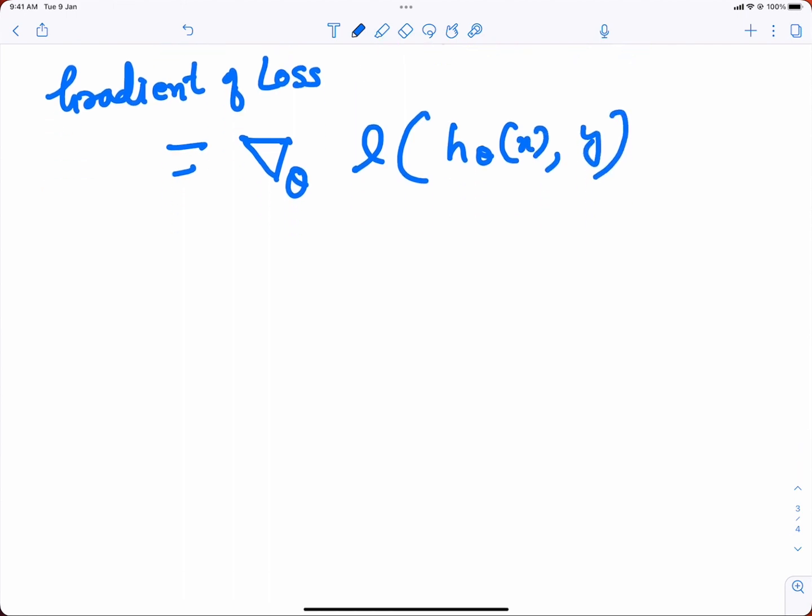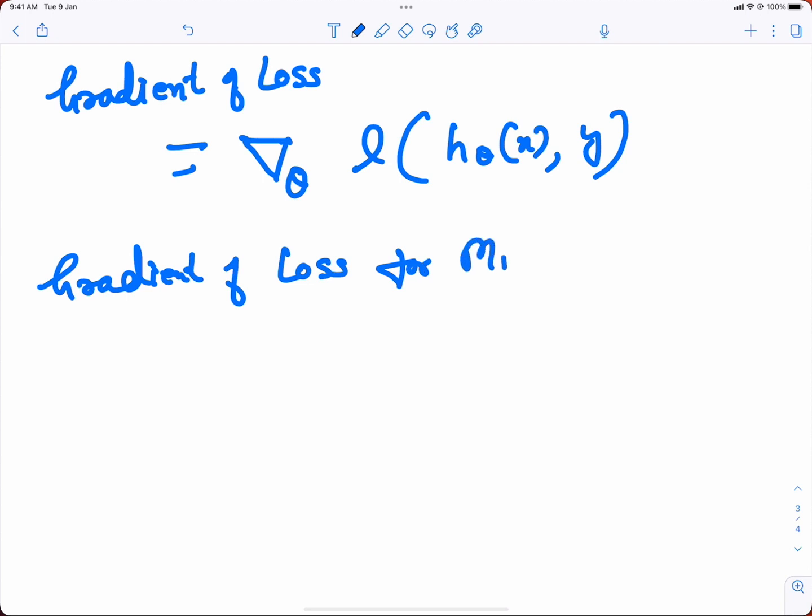This is the gradient of the loss. Now what is the gradient of the loss for the mini batch?